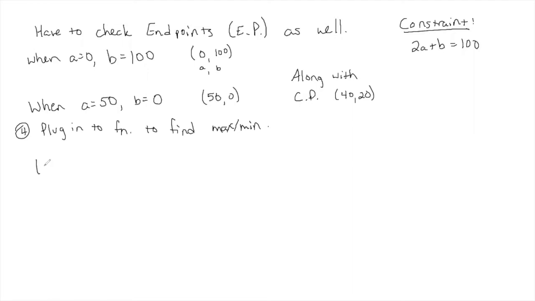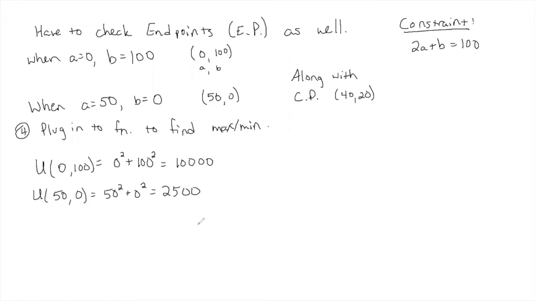Okay, so U of (0, 100) is 0 squared plus 100 squared. So this is 100 squared. (50, 0) is 50 squared plus 0 squared. So this is 50 squared, 2,500.